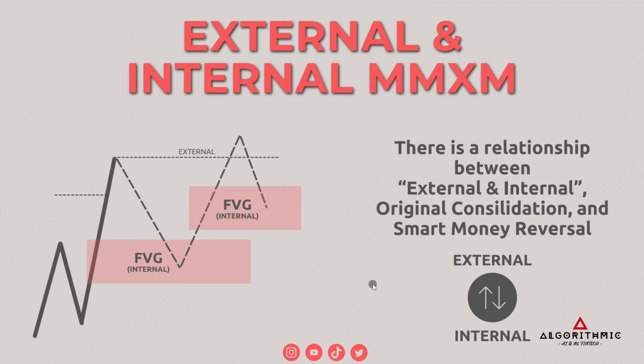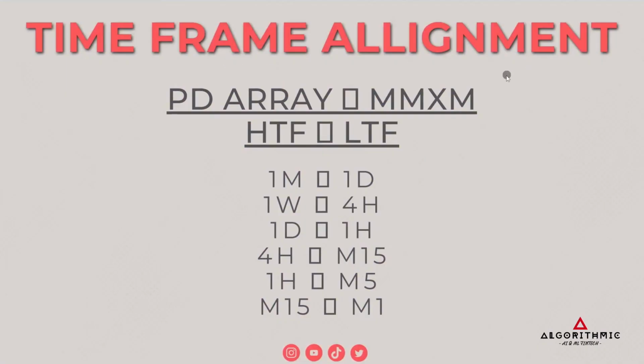And this is the relationship between external, internal, original consolidation and smart money reversal. So by understanding this on the higher time frame, you're going to be easily able to identify the models, the original consolidation, and always the smart money reversal, because it's going to be definitely inside of the fair value gap internally. Now, time frame alignment.